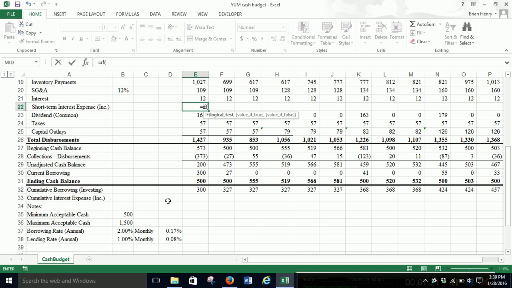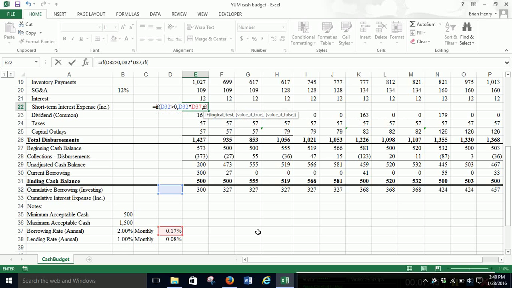So if our borrowing is positive, so if this cell right here in D is greater than 0, then I need to pay on that money our borrowing rate, monthly borrowing rate. Okay?